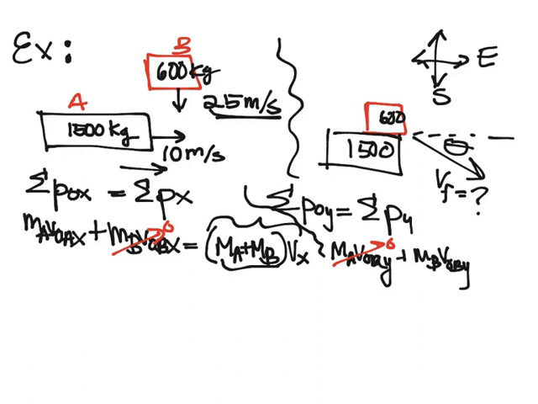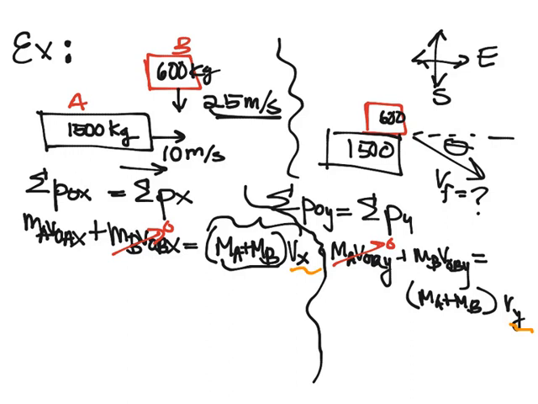And that's equal to, again, their combined masses, so it's MA plus MB times the final velocity in the y direction. Okay, I can pretty easily now put in numbers and solve for Vx and Vy.